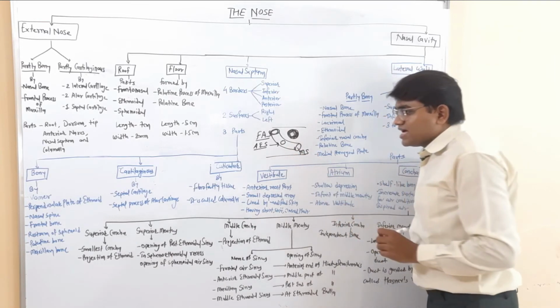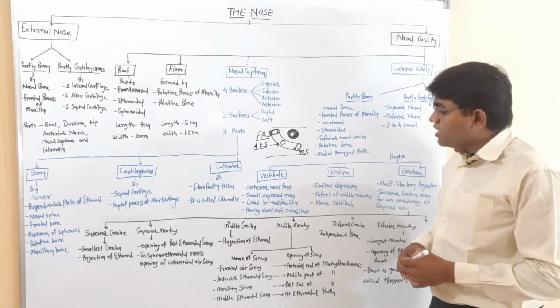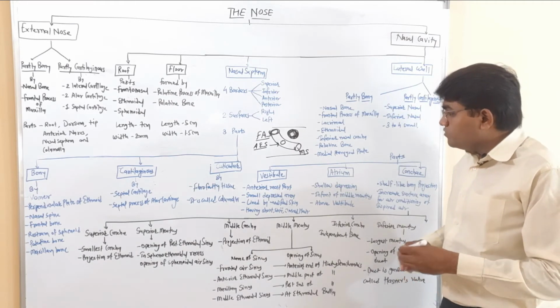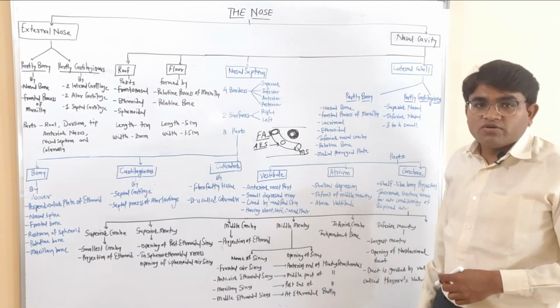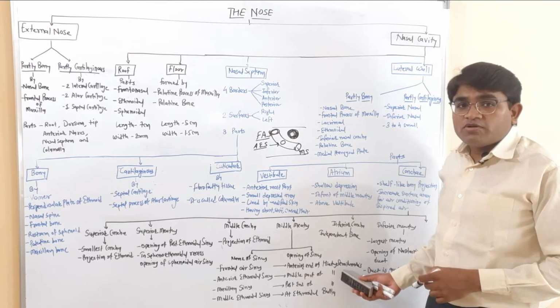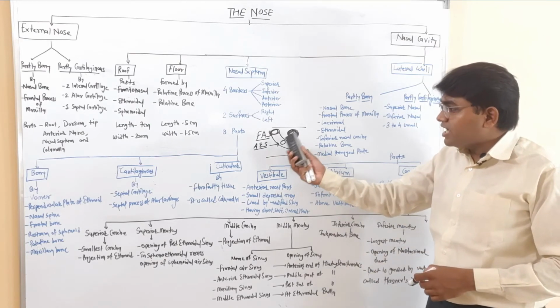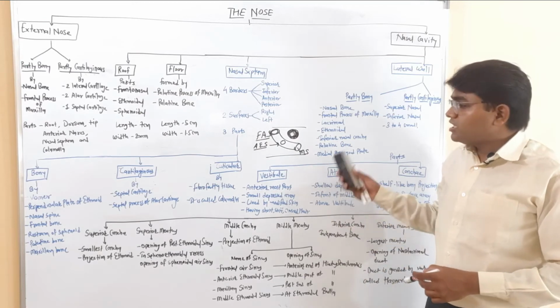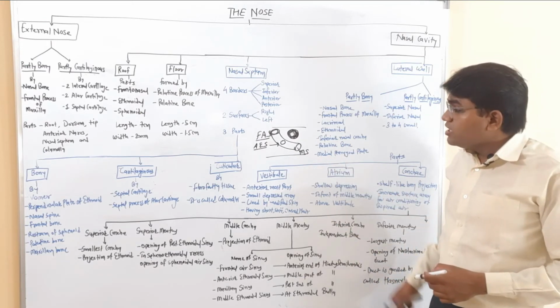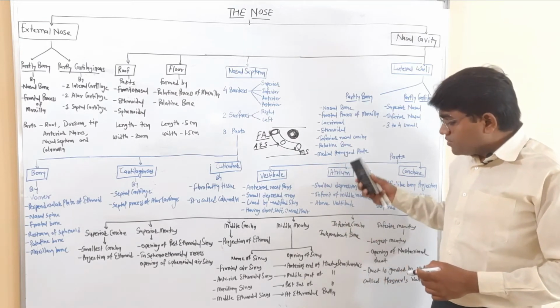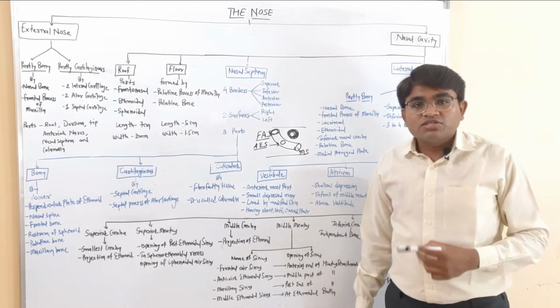So the maxillary sinus opens here on the posterior end of this hiatus semilunaris. Okay, so the hiatus semilunaris is a sulcus present anterior to the ethmoidal bulla, and the ethmoidal bulla is a bony projection because of the middle ethmoidal sinus.